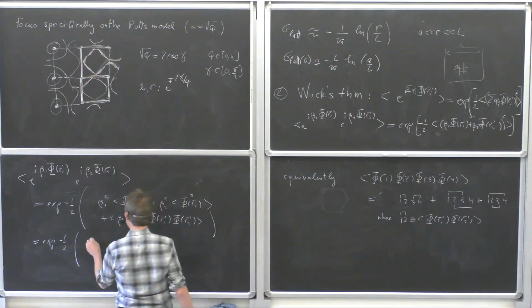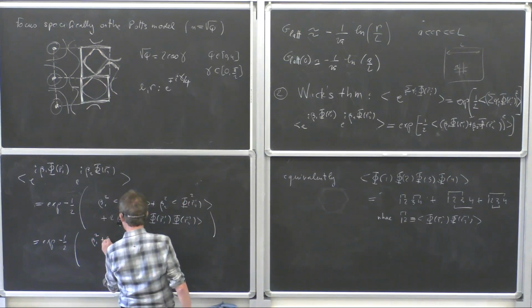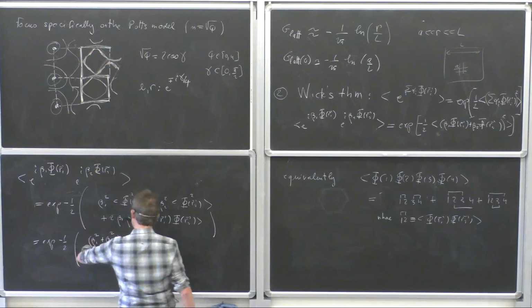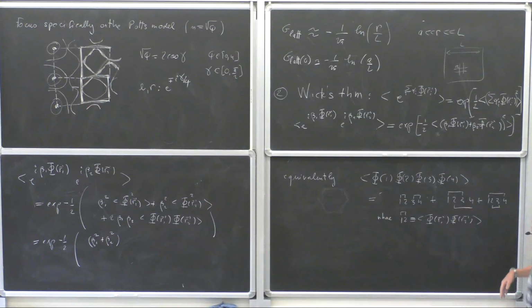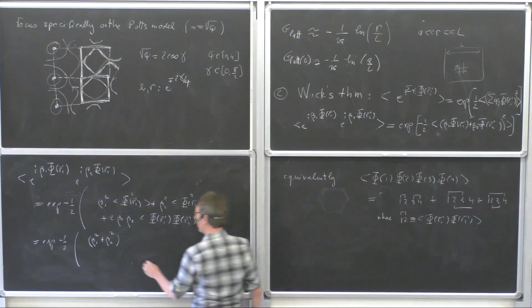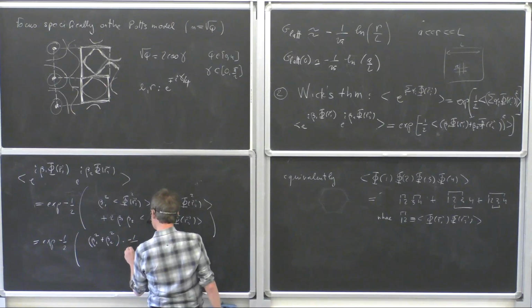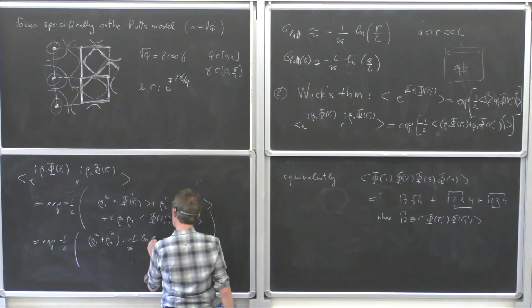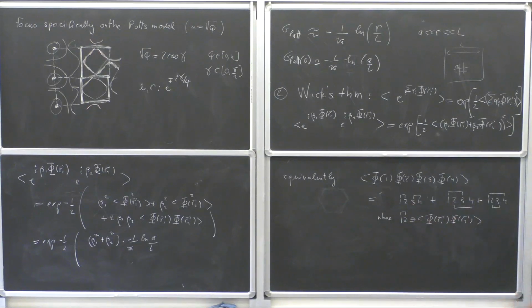So I get beta 1 square plus beta 2 square times average of phi square at the same point, which I regularize with my cutoff, minus 1 over 2 pi log of a over L.